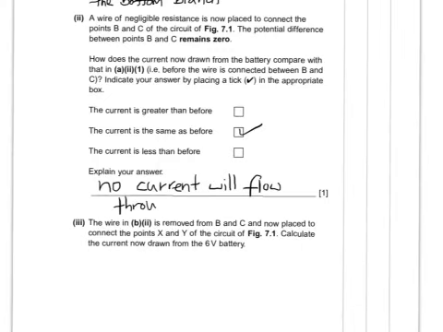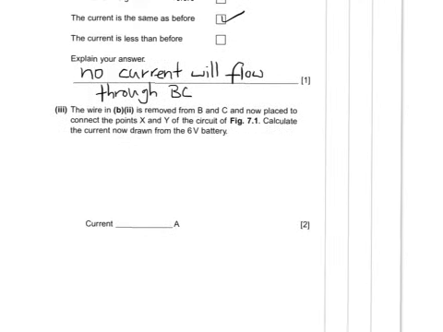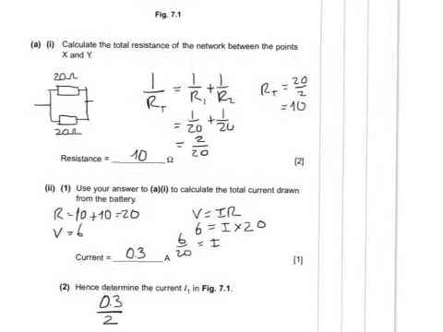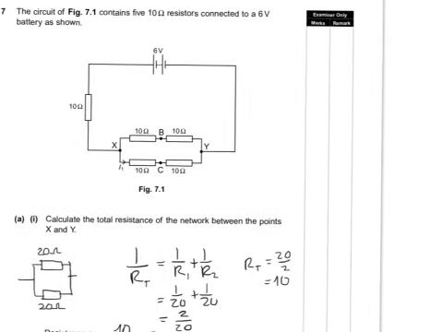Okay, now the last question says the wire in B part 2 is removed from BC and is now placed to connect points X and Y in the circuit. Calculate the current now drawn from the 6 volt battery. Alright, so here we have our circuit, and we're putting in a wire across here.